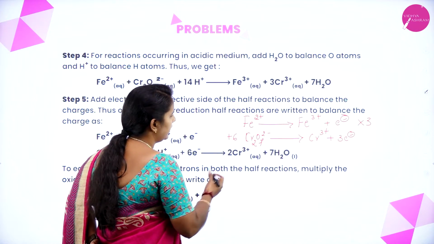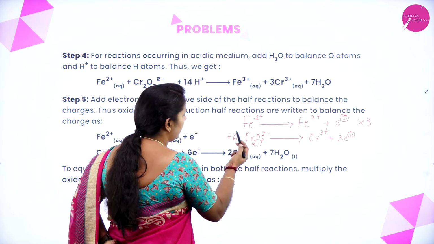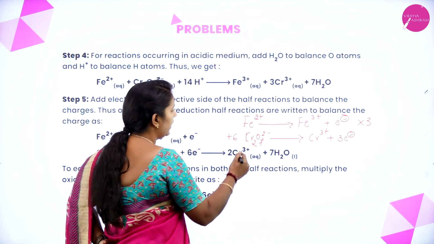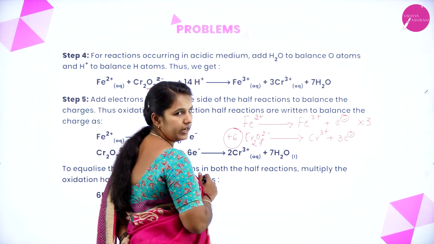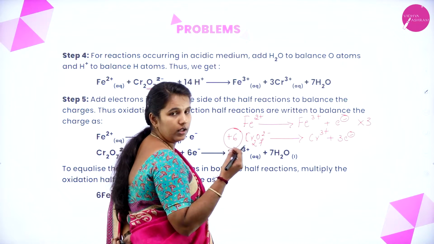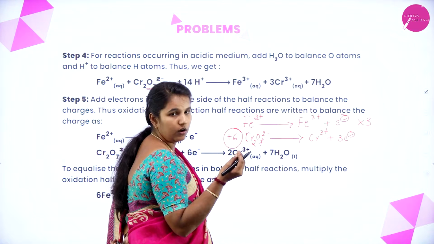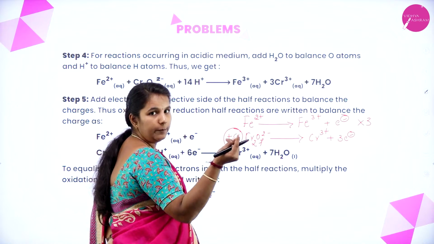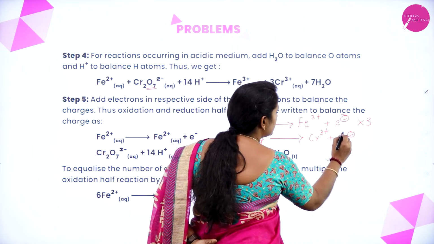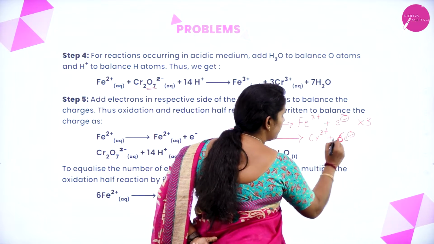Here you can understand that during this chemical reaction, there are 2 chromium atoms and the oxidation state changes from +6 to +3. So 3 electrons are gained by each, but there are 2 chromium atoms, so it has to be multiplied by 2, so it becomes 6. Why 6?